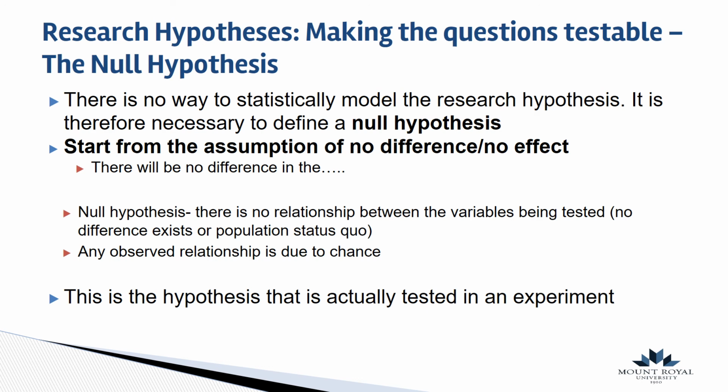No difference exists. Population is status quo. This is the hypothesis that we actually test in a RCT or an experiment. So we're testing that hypothesis and looking to prove or disprove it.